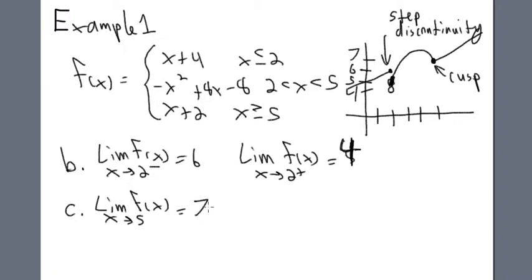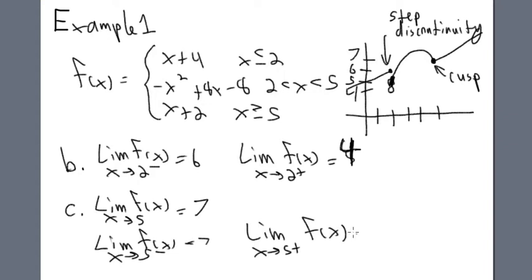Now, if I wanted to look at the left and the right, we're going to notice something. Limit of f of x as x approaches 5 from the left, it's at 7. Well, the limit as x approaches 5 from the right of f of x is the same spot, 7.